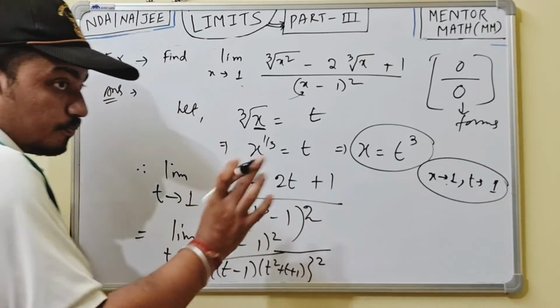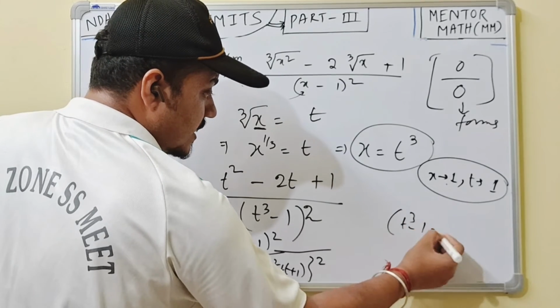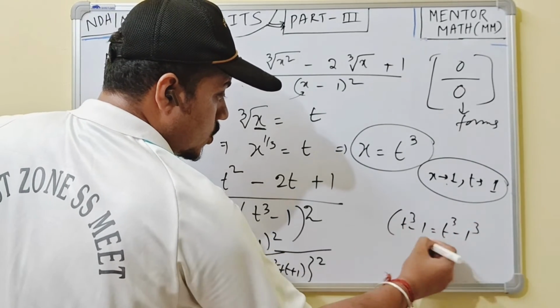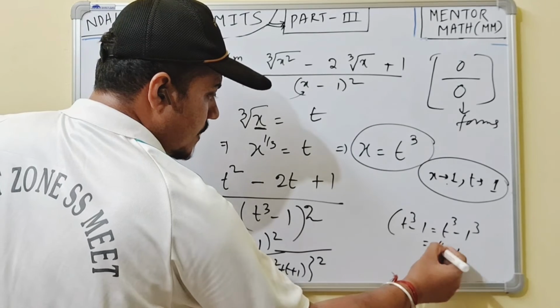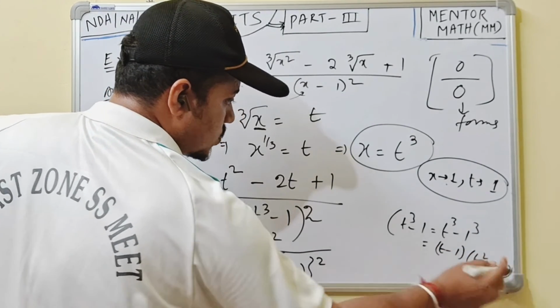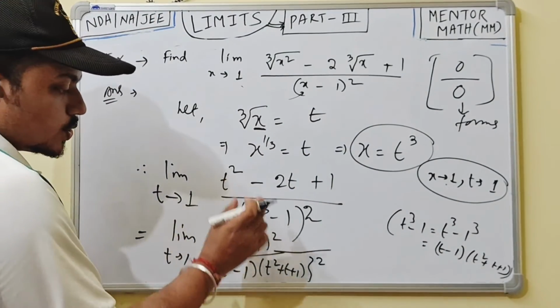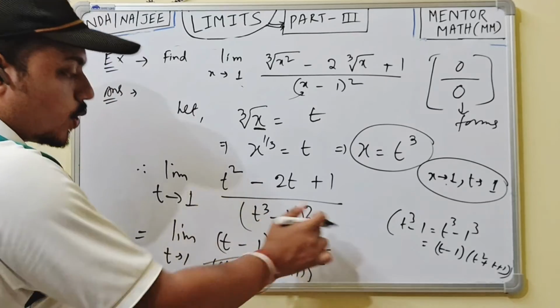The formula a cube minus b cube is a minus b into a square plus ab plus b square, so we put that here.